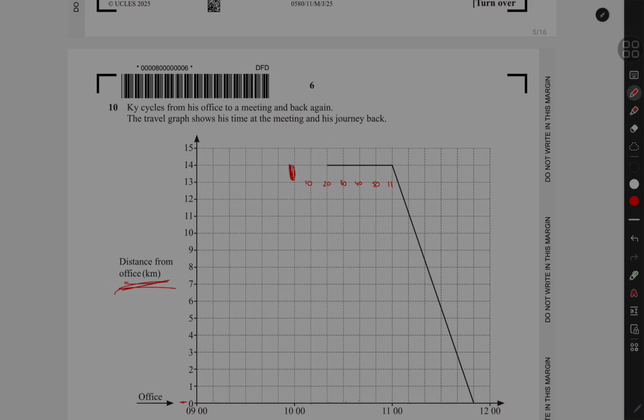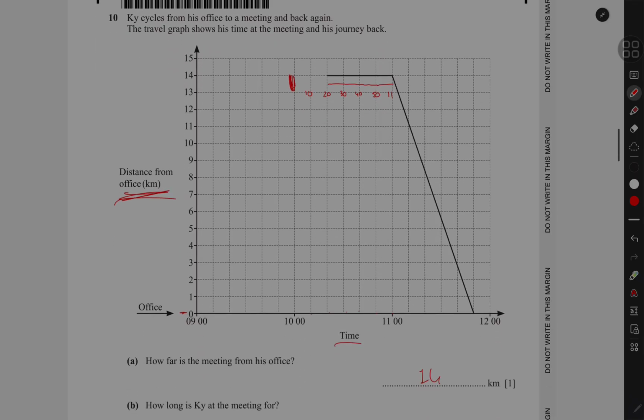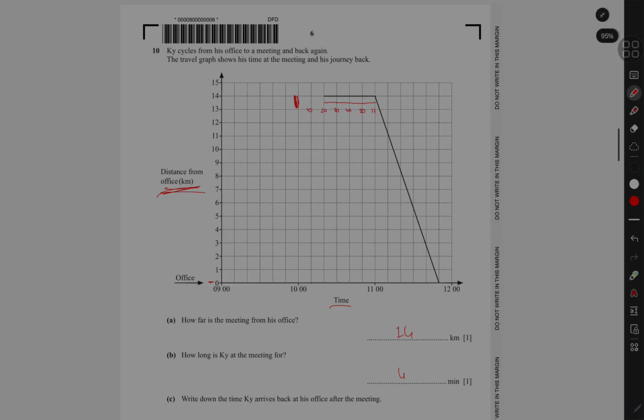So he leaves at 11 o'clock. He is there for 10, 20, 30, 40 minutes. He is at the meeting for 40 minutes.